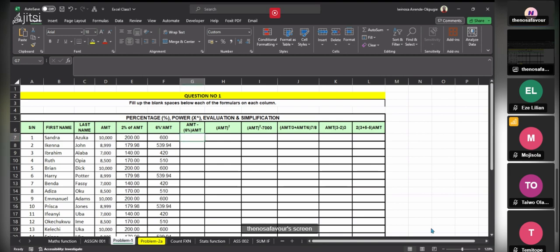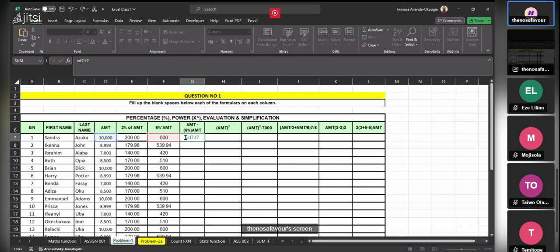Okay, so let's try. Equals D7 minus F7. Okay, sorry.